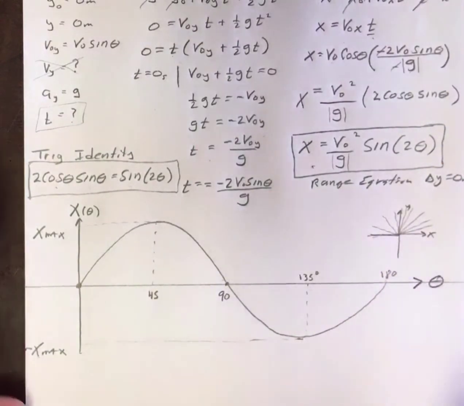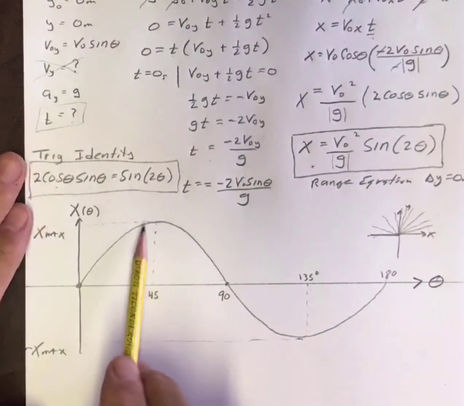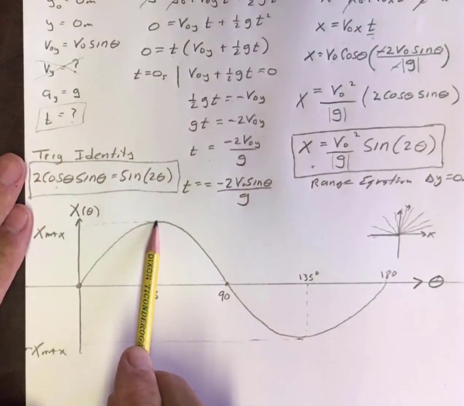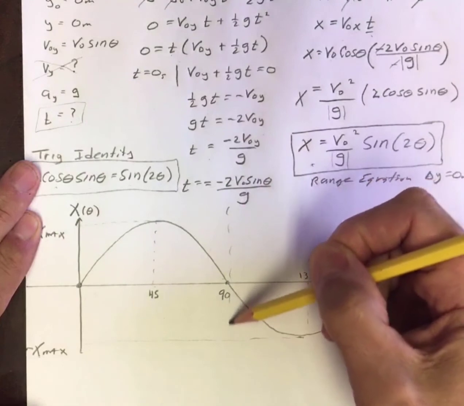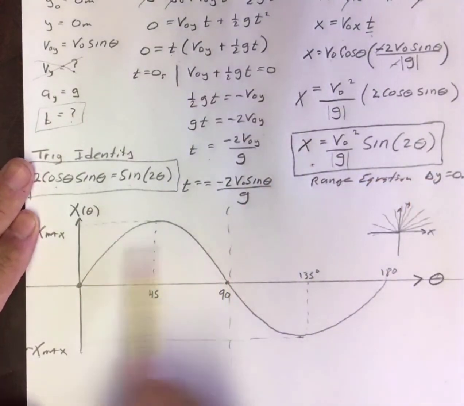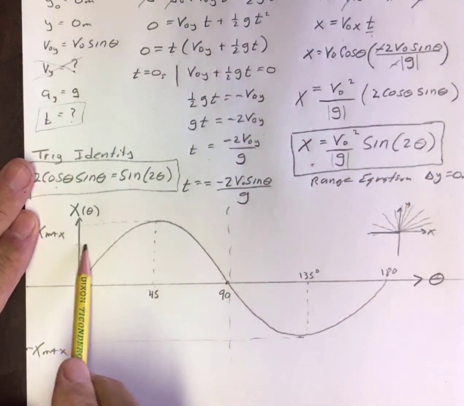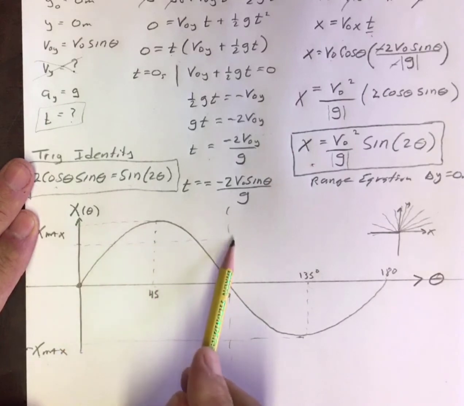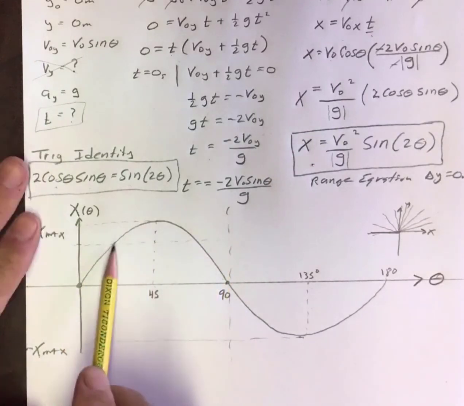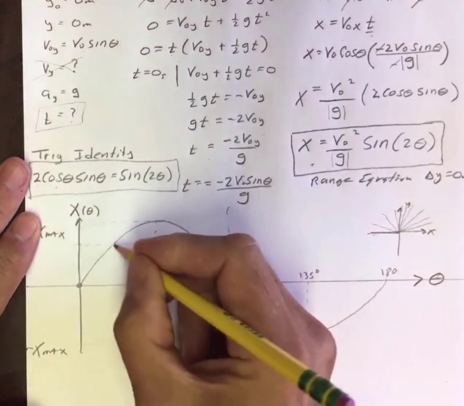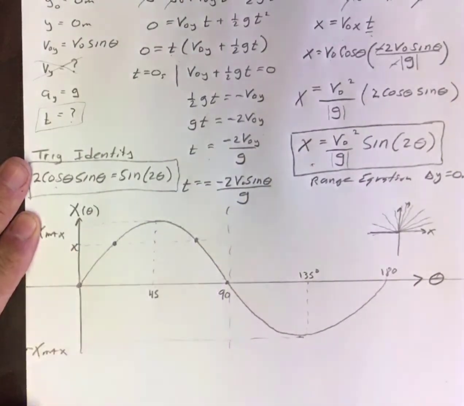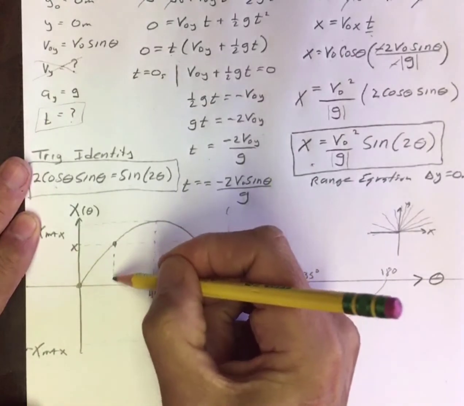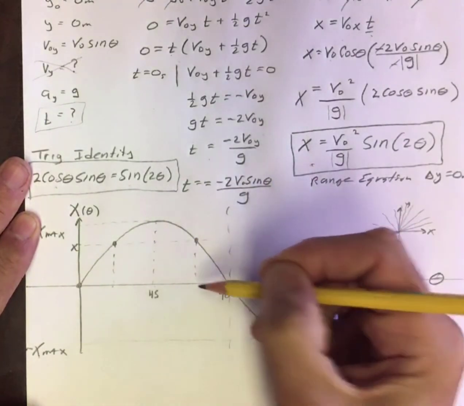And that's what's being predicted by that function. It's a beautiful thing. What we're noticing in our lab is that there's a maximum range at 45 degrees. We're focusing just on first quadrant launches here. And then the neat thing about this is also that if you draw a horizontal line, you discover that there's 2 launch angles that would achieve this range. Whatever that range is right there, that's going to correspond to this launch angle and to this launch angle.